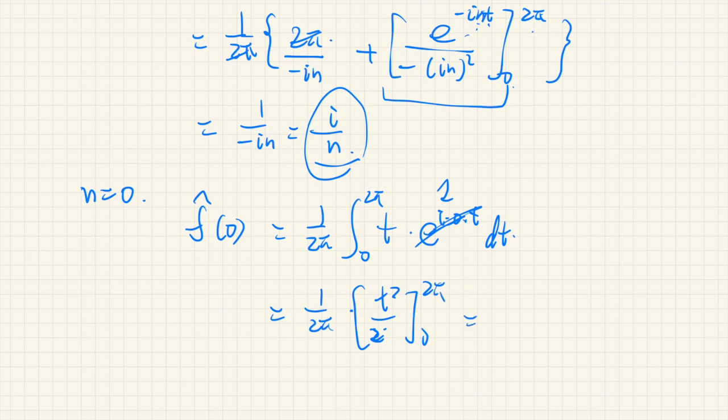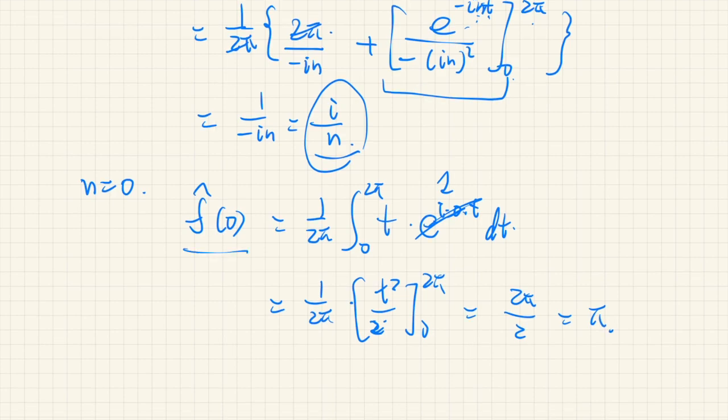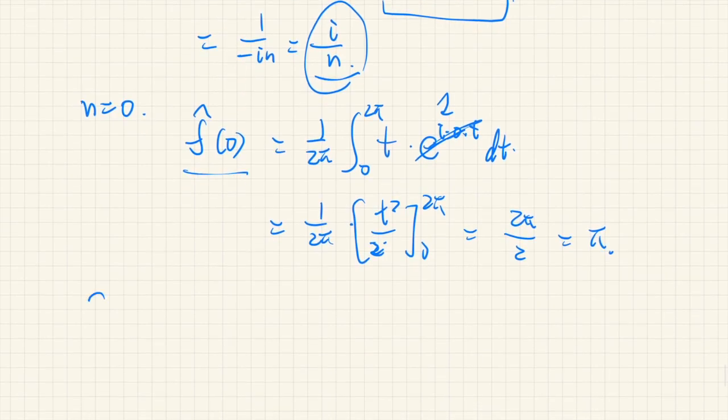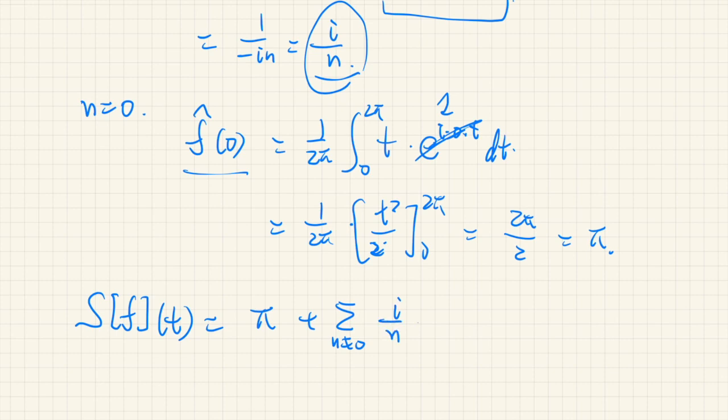And this, so 2 pi squared divided by 2 pi and divided by 2, that's pi. So the Fourier series of this function is equal to pi plus the sum over n non-zero of i over n exponential of i n t.